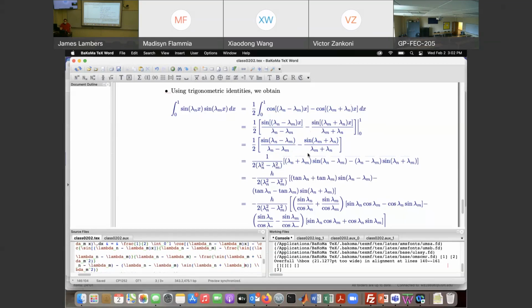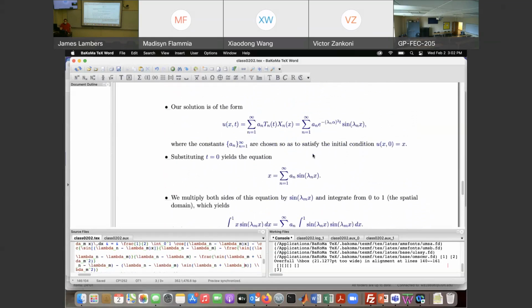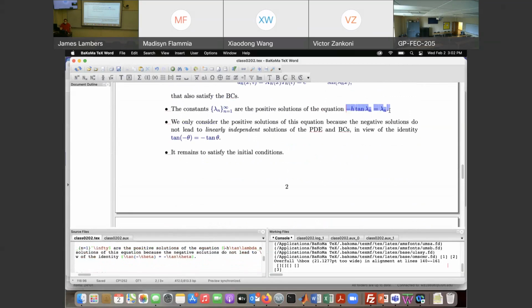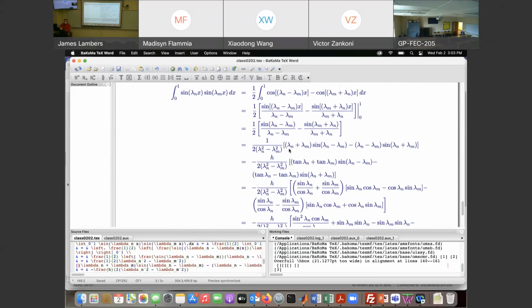So to simplify this any further, I need to use this, that each of the lambdas satisfies this equation. So any lambda by itself, I can replace with minus h tangent of that lambda. And that's what I do going from this step to this step.